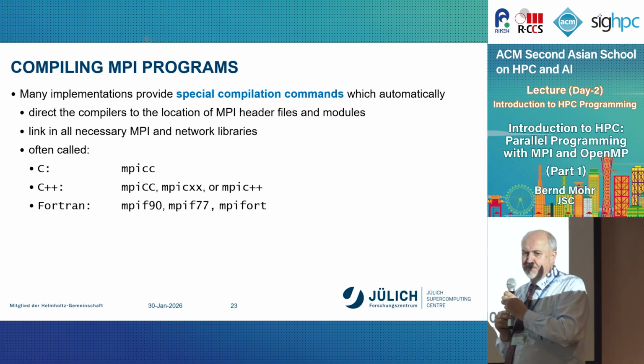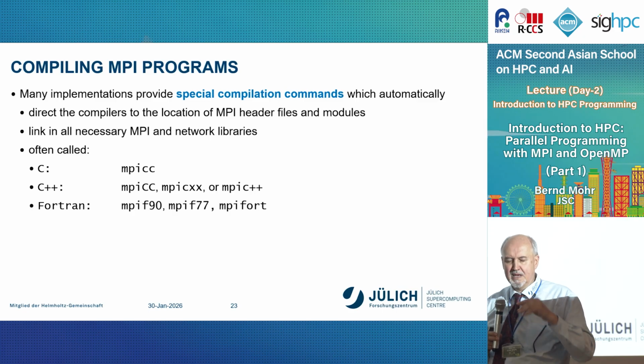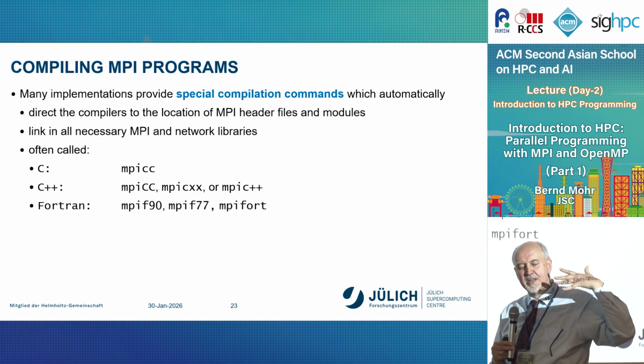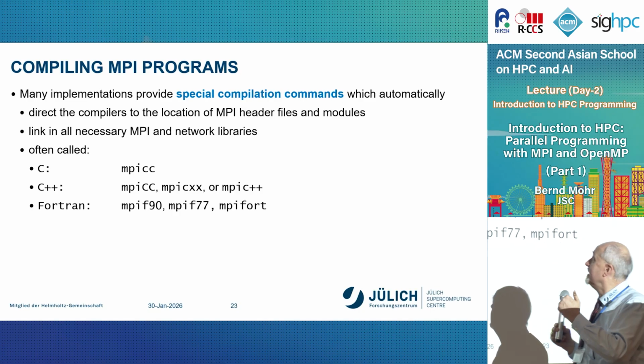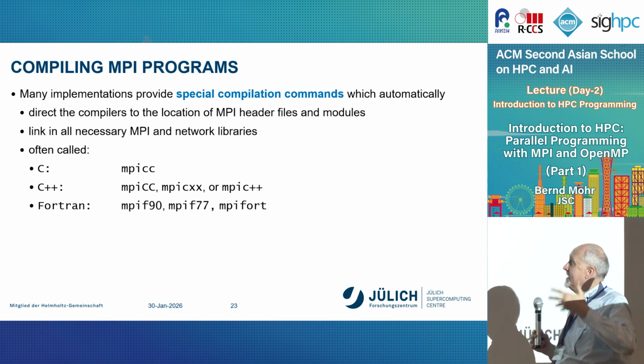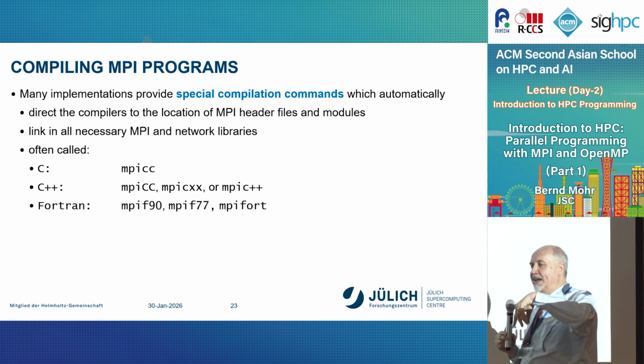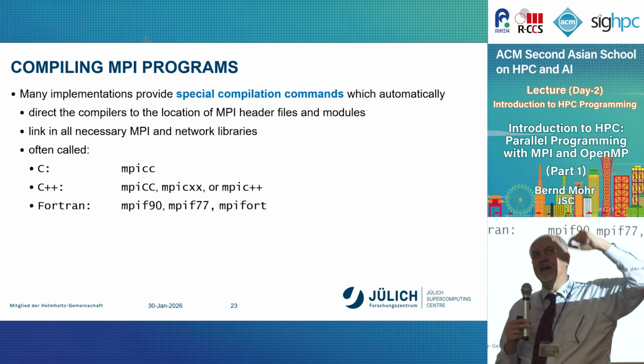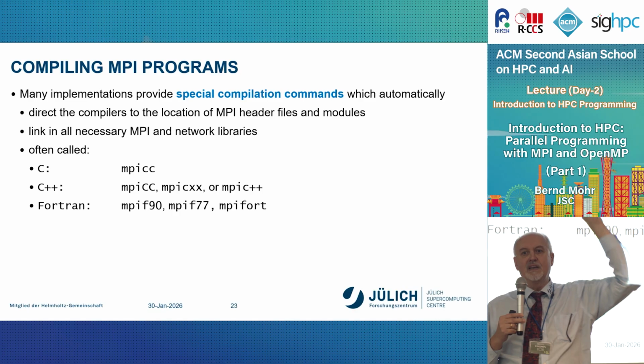Assuming you have a C or Fortran program, Python you just run because it's interpreted. But for normal languages, we have to compile it. Compilation means you have to specify where to find the MPI header file, you have to link in the MPI library and all that.